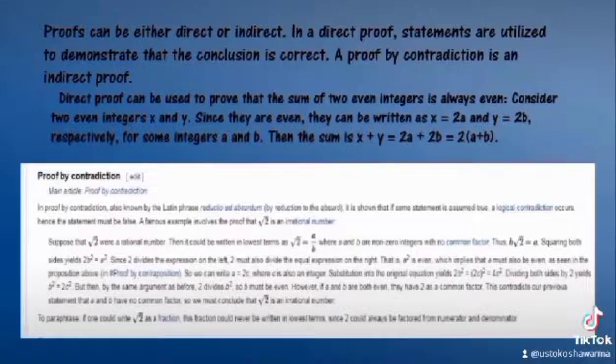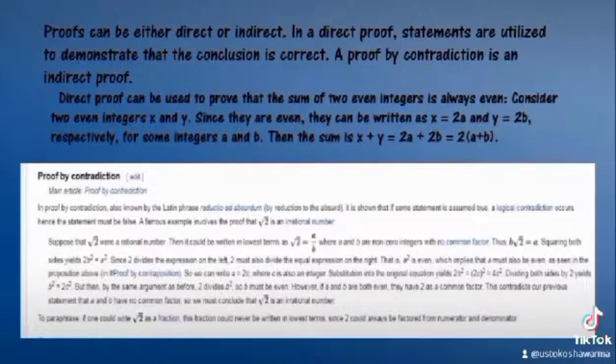Since they are even, they can be written as x equal to 2a and y equal to 2b, respectively, for some integers a and b. Then the sum is x plus y equals 2a plus 2b is equal to 2 times a plus b. I didn't understand that one.